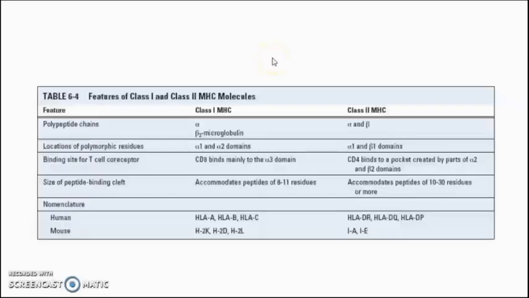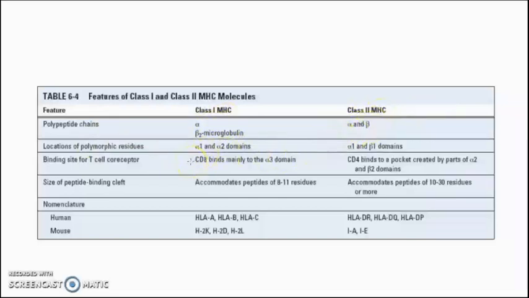The features of class 1 and class 2 MHC molecules. The polypeptide chains of class 1 MHC are alpha and beta 2 microglobulin. In class 2 MHC, the chains are alpha and beta.